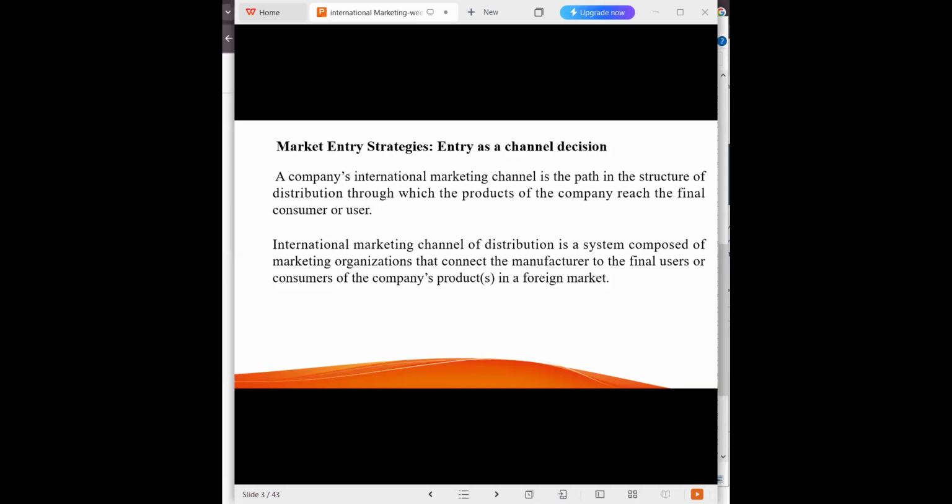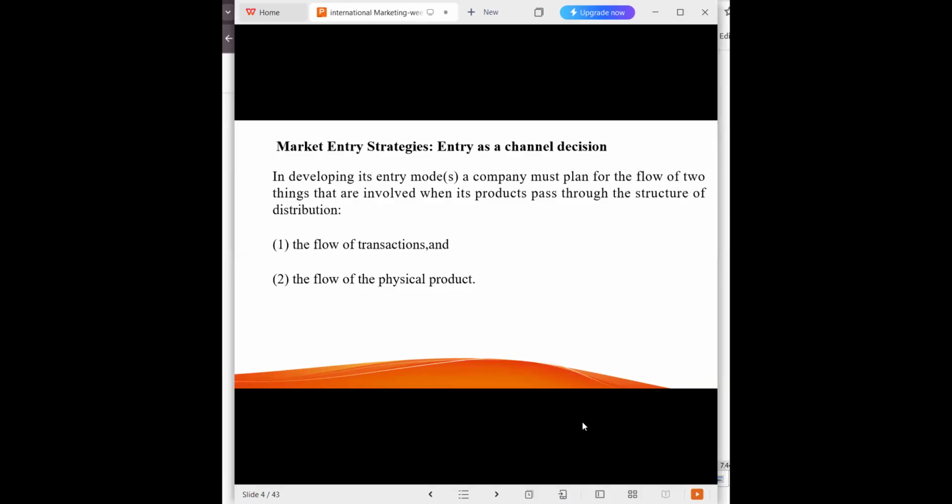They control it all by themselves. So they control the movement from one country to another, and also watch over how it's being distributed in that international or foreign market. So it can be seen from those two perspectives. So that is entry as a channel of distribution.